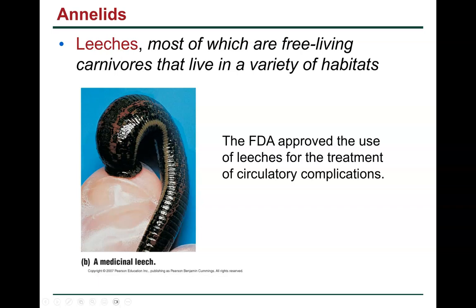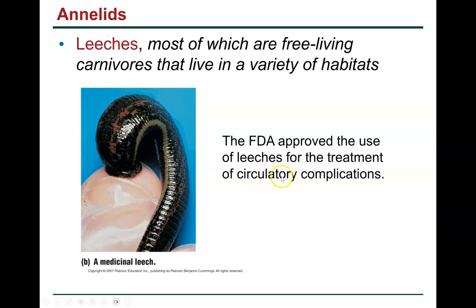Another example of an annelid is a leech. Most of these are free-living carnivores. You have probably heard of leeches. If you watch any of those shows where they put people in the middle of an island somewhere, like Survivor, people are going to end up with leeches. They suck your blood.